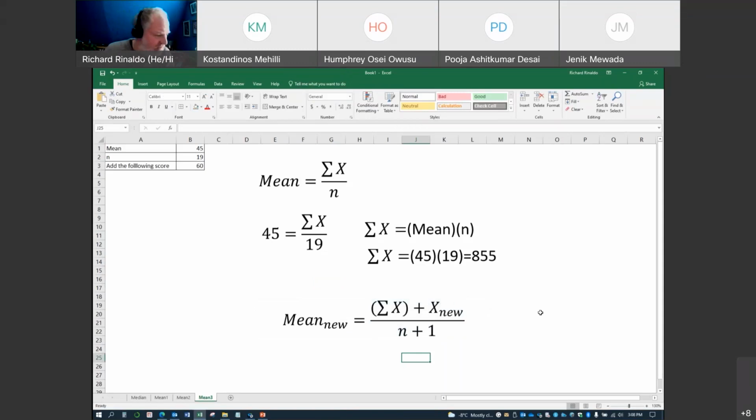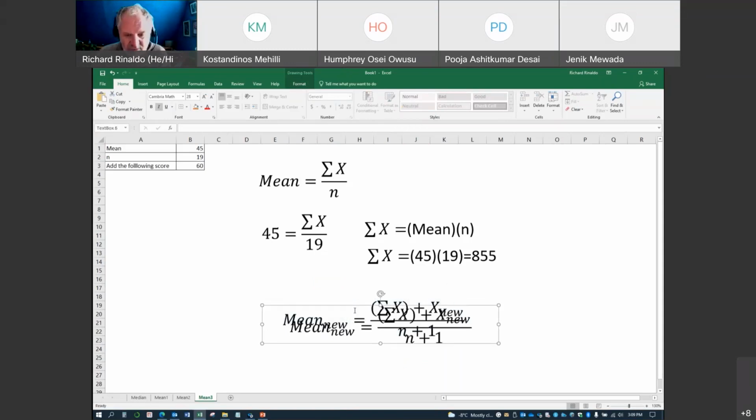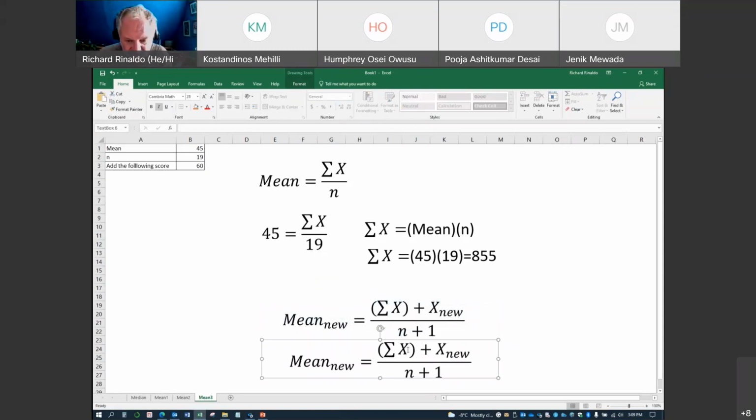So my new mean is equal to my sum of x, the 855, plus the new score of 60, divided by n plus 1. So I do that: 855 plus 60, divided by 19 plus 1.